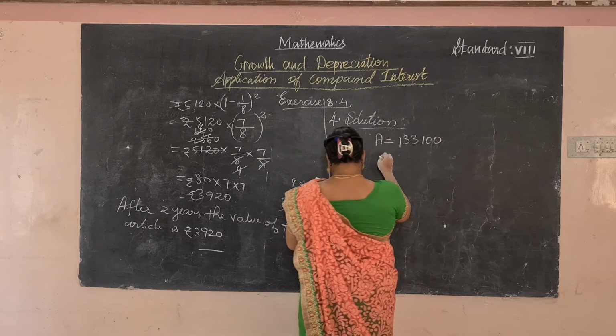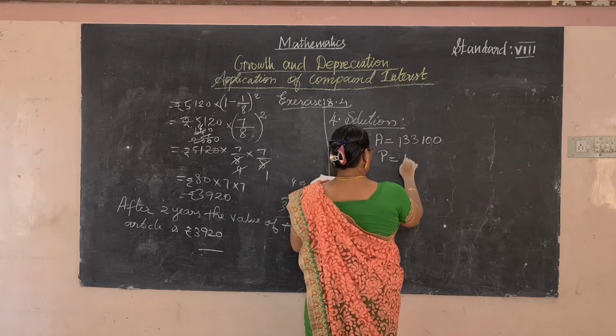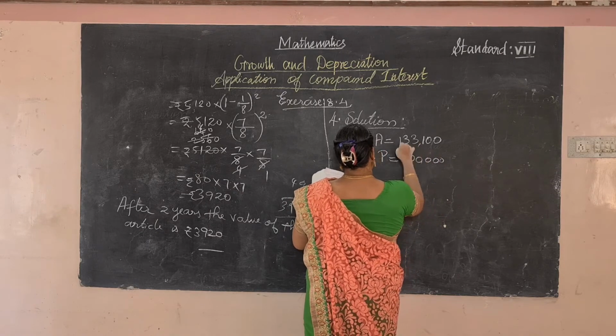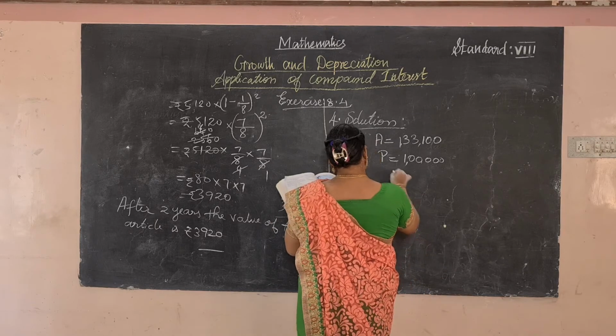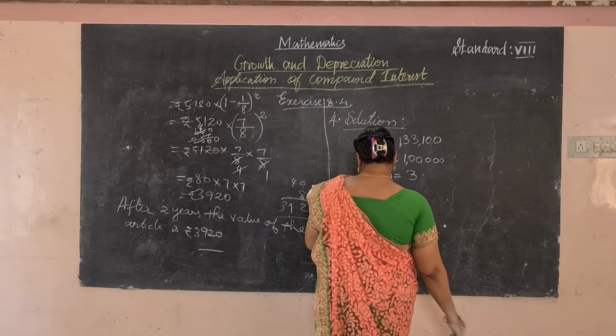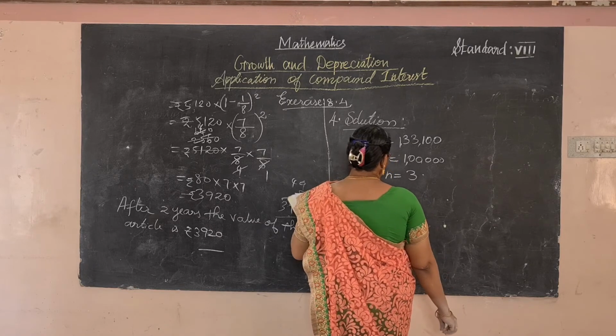Okay, and the principal, the first one, is 1 lakh. And the number of years is equal to 3. Find the rate of growth. We have to find out R.